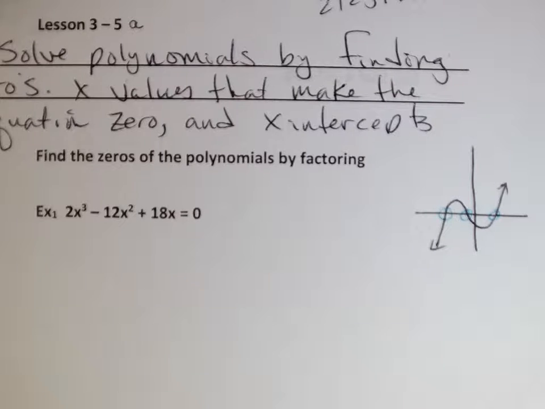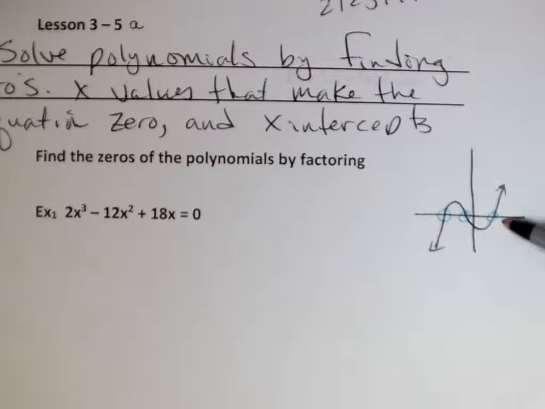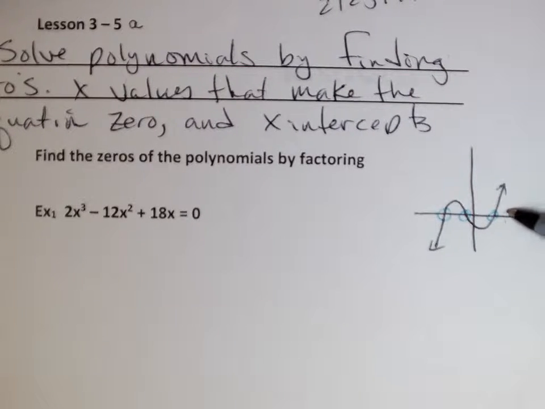Visually it makes sense because at these points of intersection the y value is 0. So you find an x value that makes the y value equal to 0. Thumbs up. Does that make sense?